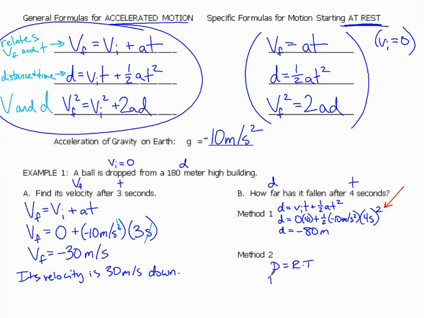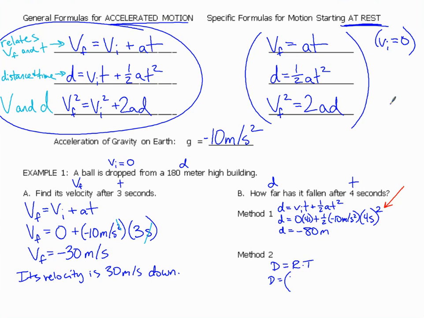So distance equals rate, which would be the average velocity based on uniform acceleration. So we need our final velocity after 4 seconds. So let's figure out what this is.